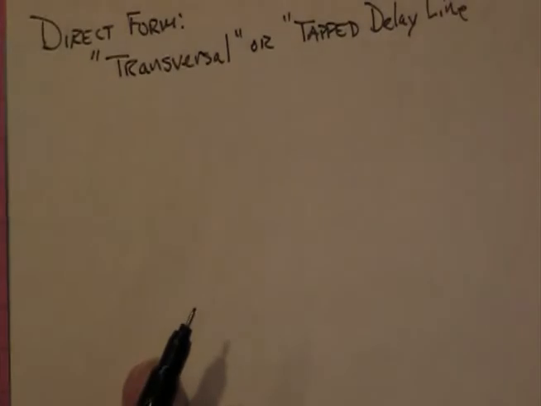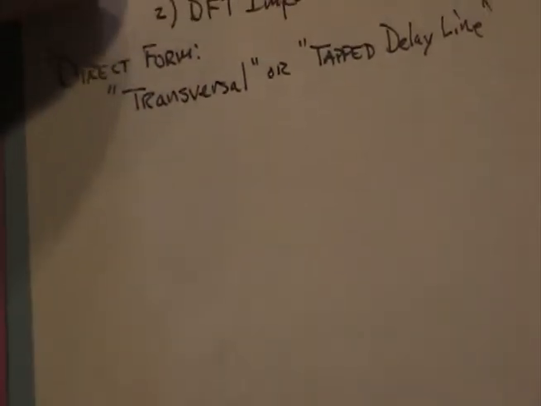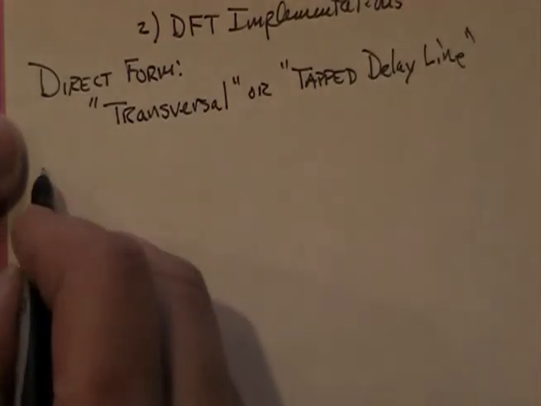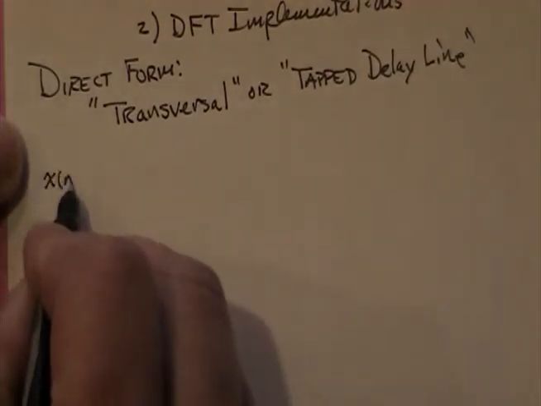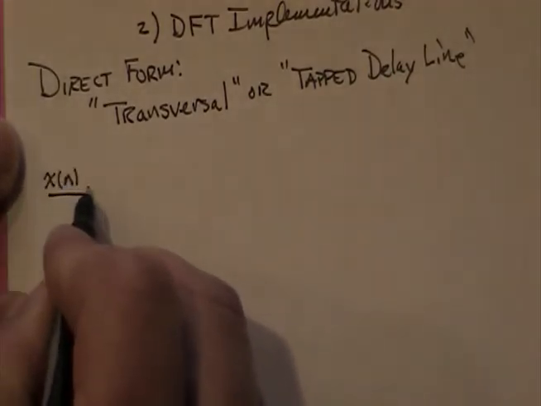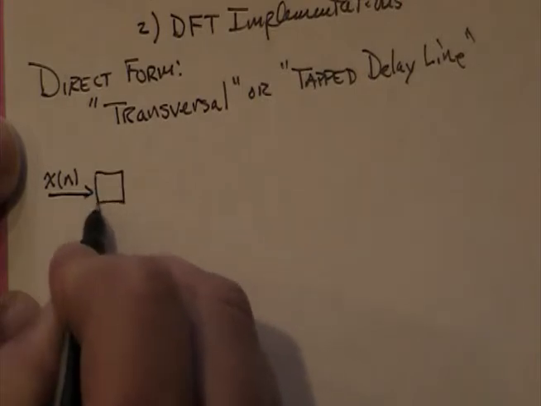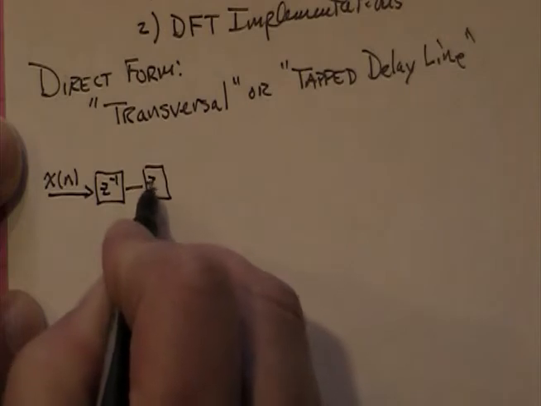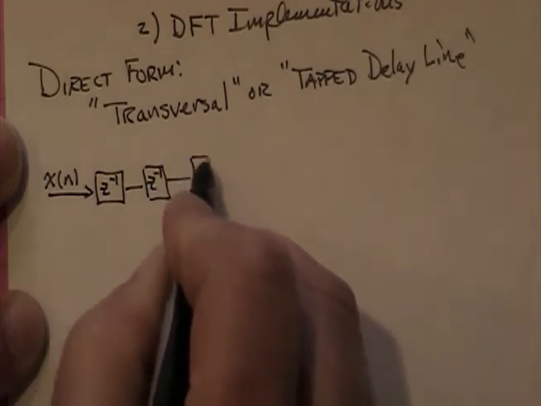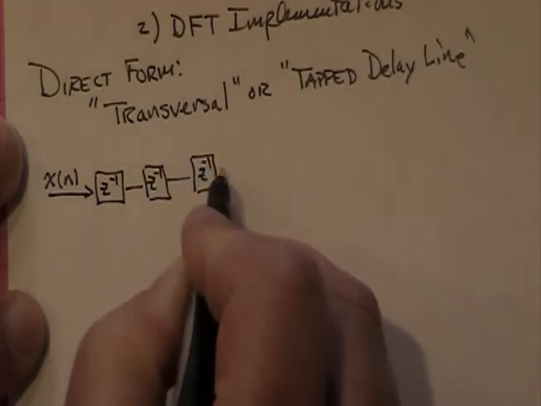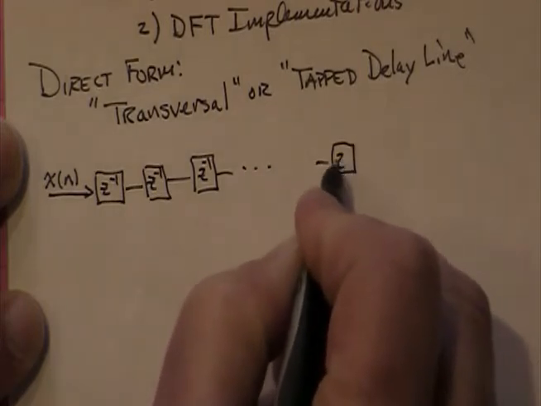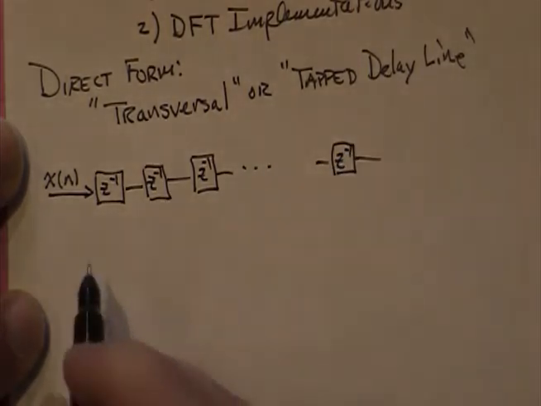So the block diagram of that thing basically is that direct form picture. So I take x of n in, let me draw it out here, and it's just going to go through a whole bunch of single step delays, z to the minus 1 terms. And I go until I get to all of the memory that I'm required to form the output.